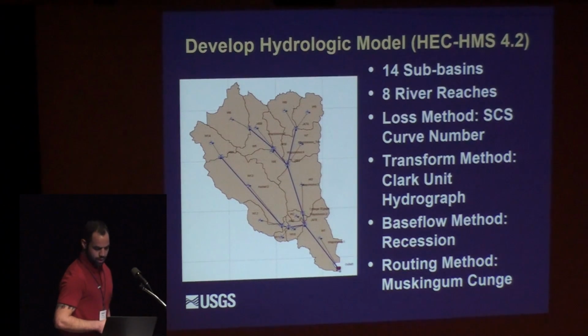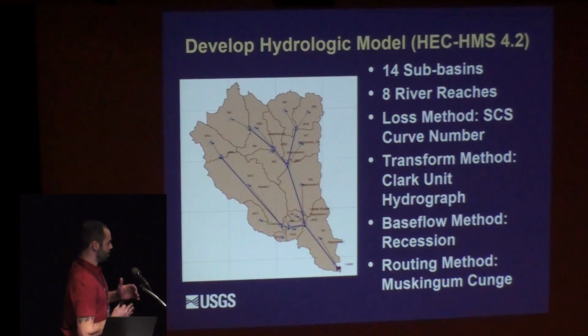So the first model I built is the hydraulic model, HEC-HMS, and it consisted of the entire watershed here, which I divided up into 14 subbasins, or miniature watersheds within this watershed, and then the creeks were divided up into 8 river reaches.